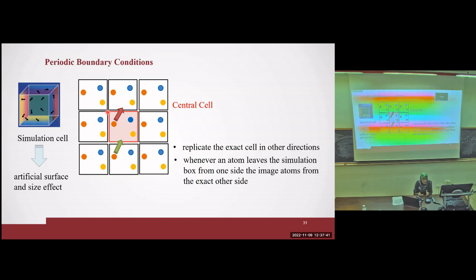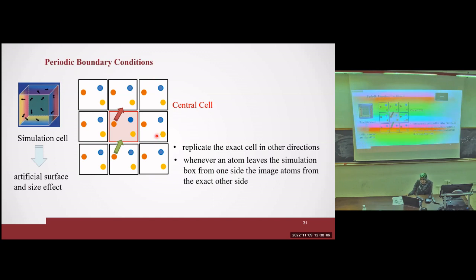But the problem is that simulating a limited number may produce artificial surfaces. It will produce artificial size effects. At a lower scale, it's really important what the scale of the system you're simulating is. To overcome this problem, we use the periodic boundary condition.